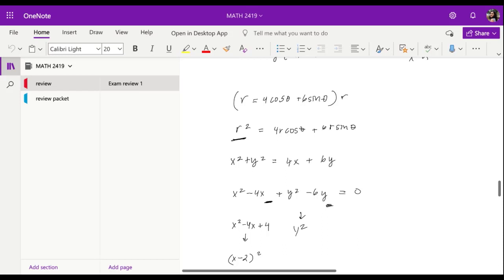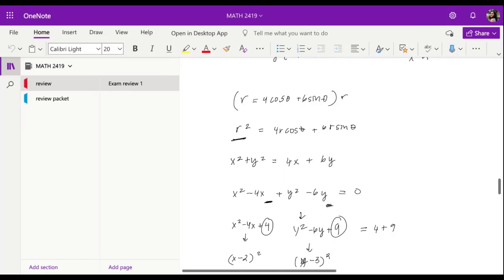To complete the square for this one, you divide the coefficient by 2 and square it, so you have plus 9. And that goes down to y minus 3, also squared. And since we added 4 as well as 9 to this side, we have to do the same to the other side. So our final equation will end up being x minus 2 squared plus y minus 3 squared equals 13.